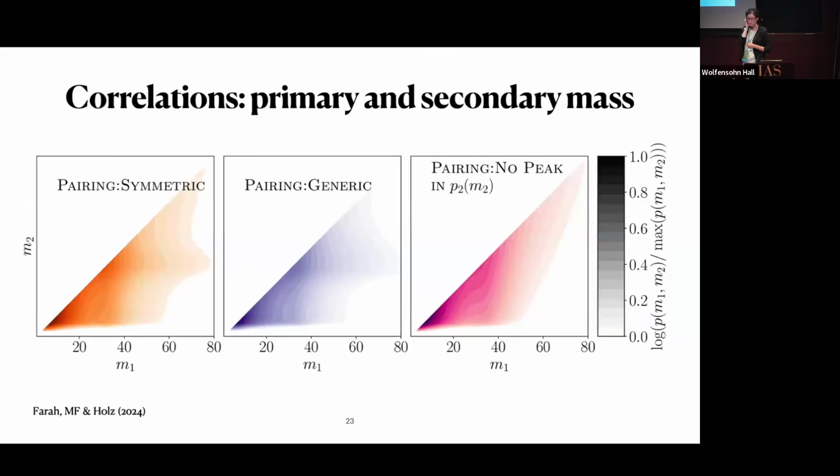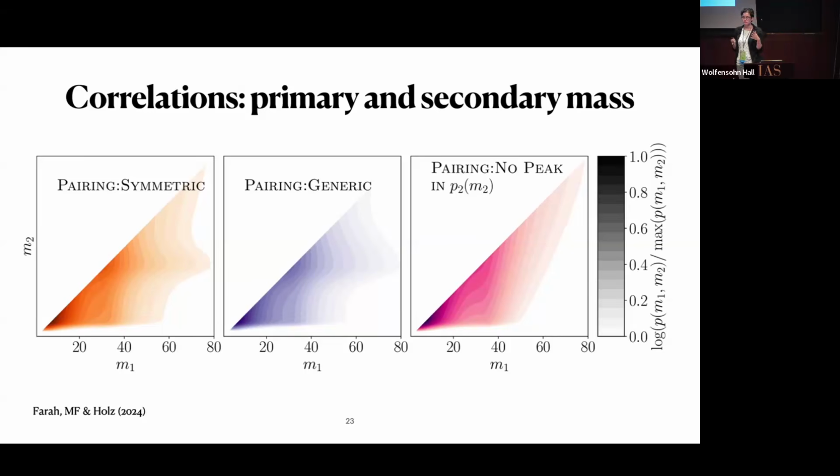But the other thing we look at is correlations. I showed one plot before that hinted at the correlations between primary and secondary masses. There's this paper by Amanda Farah from last year that goes into this in some more detail. Basically, what are the different pairings you can have between primary and secondary masses?